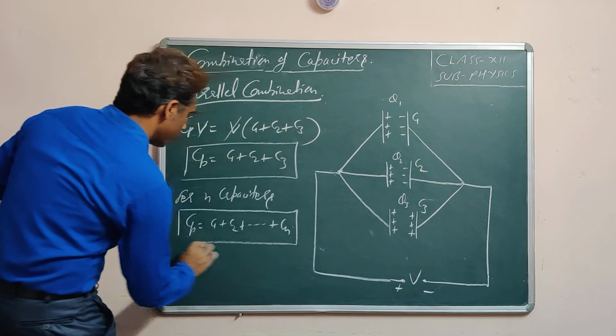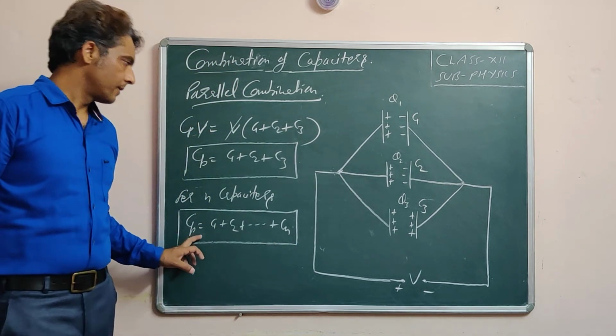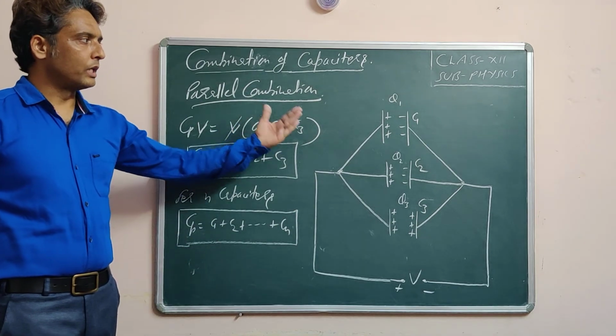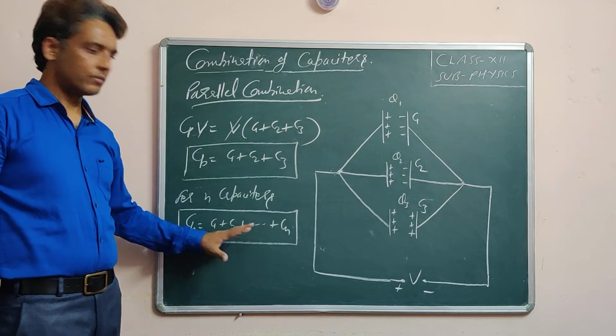So when we have to find the equivalent capacitance in parallel combination of the capacitors, we take their sum.